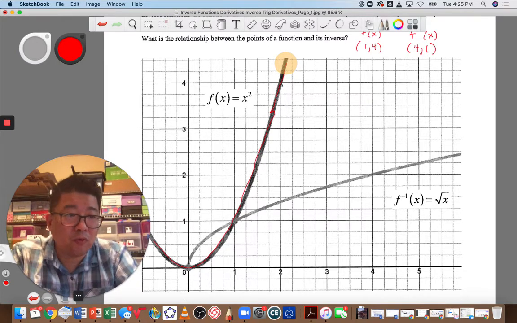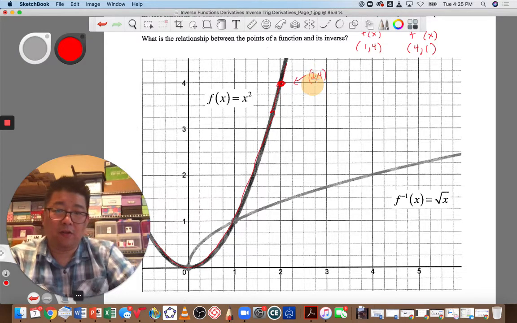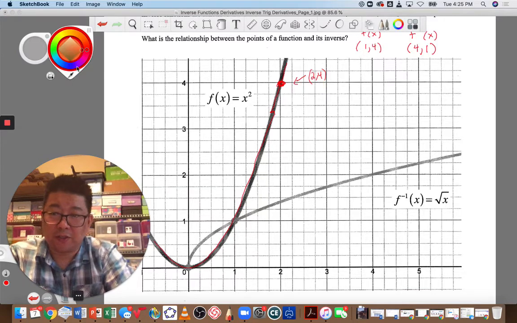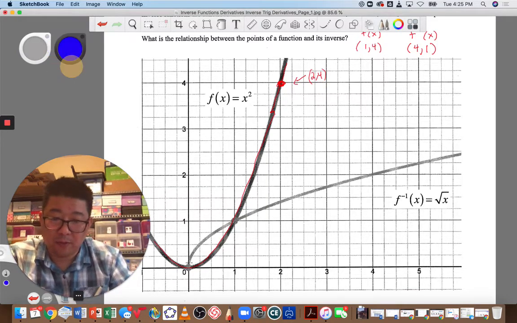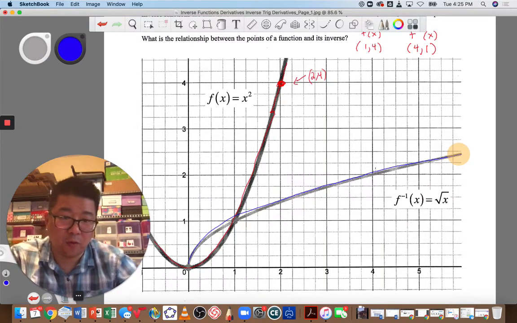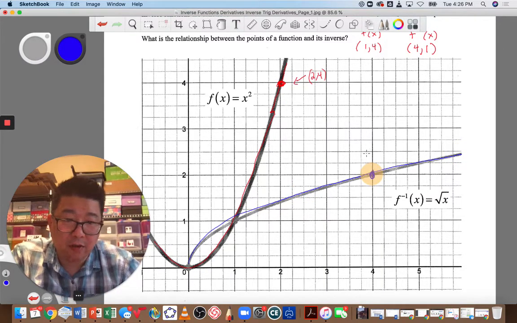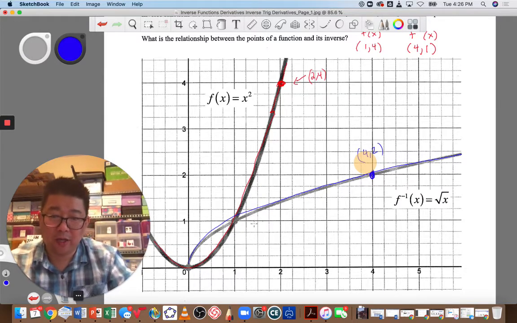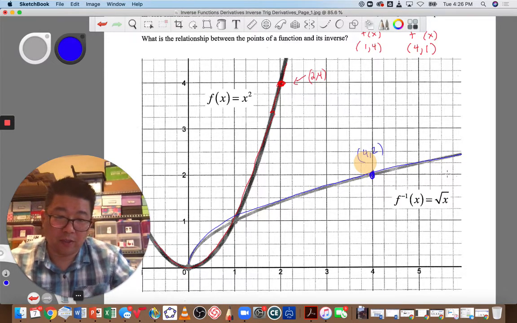At this point right here, this point will be (2, 4). Well, if this is my function, then the inverse function should have a corresponding point. Here's the inverse function, and it does have a corresponding point here at (4, 2). So for every single one of these points on the function, if we reverse the x and the y, we will create the inverse function.